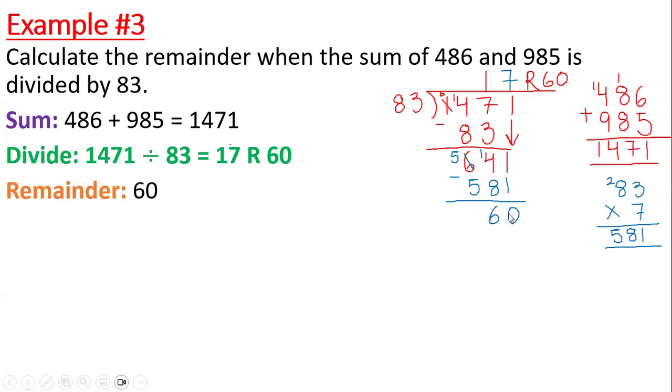Now in normal division, we would continue, but they don't want us to continue here. They just want us to stop once we get the remainder. So normally I would continue and I wouldn't have a remainder, but they want us specifically to find the remainder, and the remainder is 60. Okay, so that's going to be the answer.